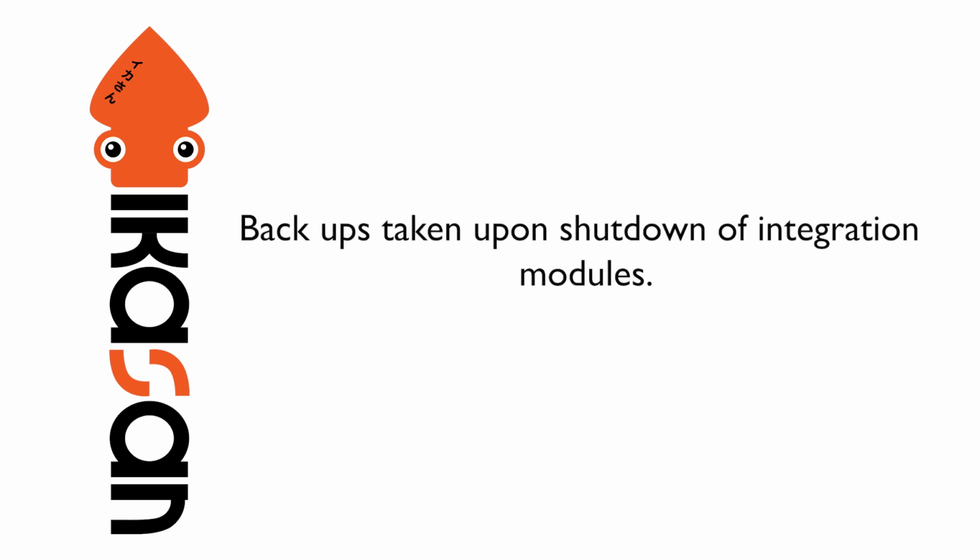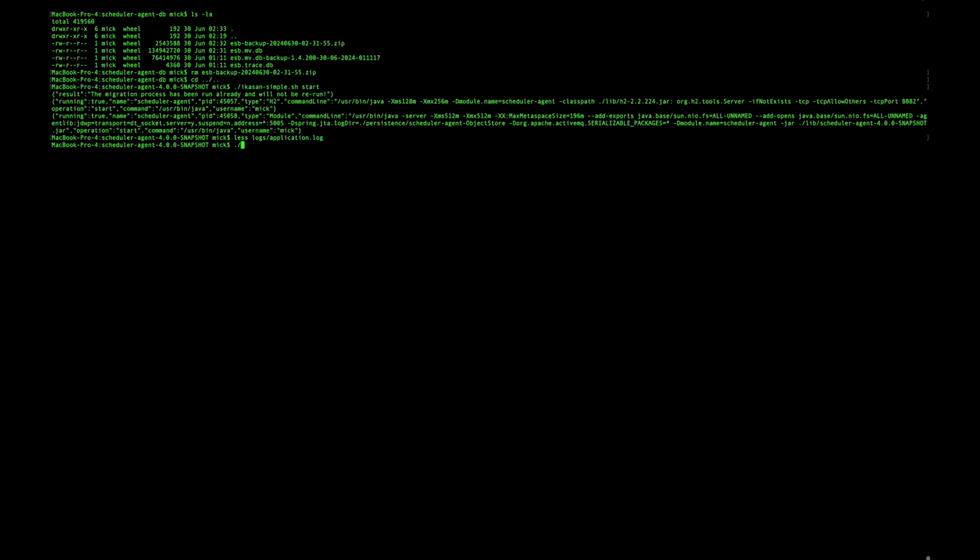Now, there's one more important feature to consider in relation to the H2 backups, and that is the fact that every time a module shuts down, as part of the shutdown sequence, a backup of that database is taken. I'm going to demonstrate that. The first thing I'm going to do is I'm going to change the configuration of this module.